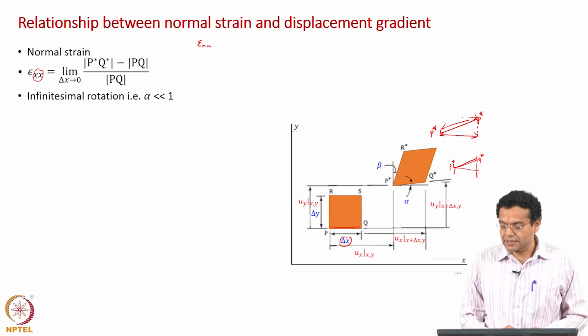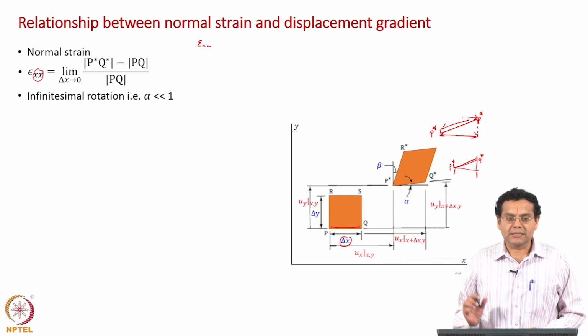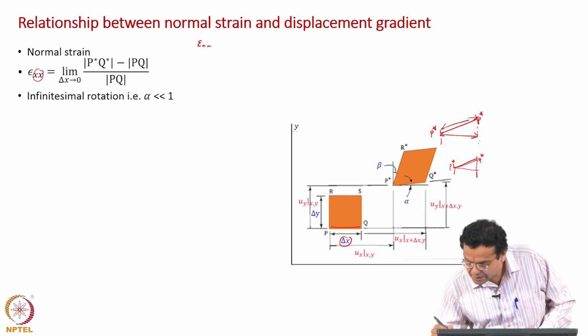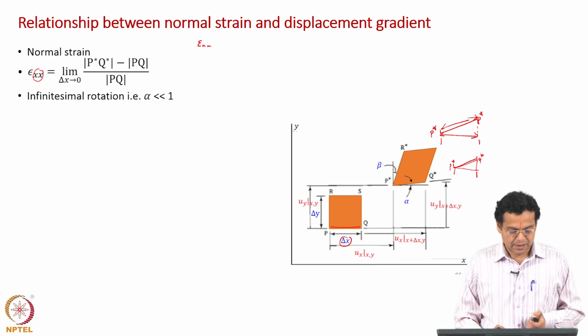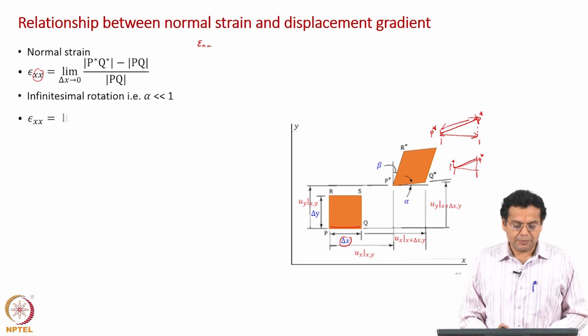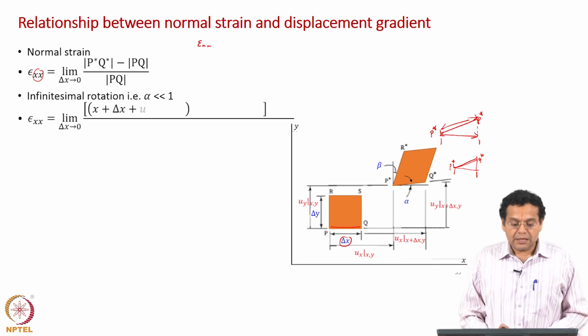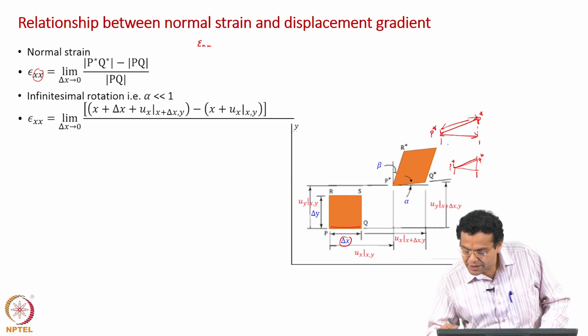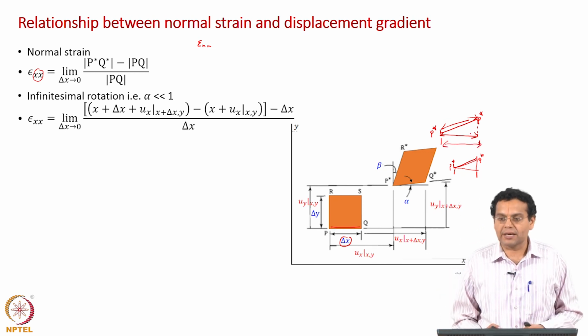Now, what is the length of the projected P star Q star? Please keep that in mind. We are going to write this as my final length, to some approximation. So, let us write down epsilon x x, limit delta x tending to 0. We have to write an expression for P star Q star, the projected one. That is nothing but the difference in the x coordinate.